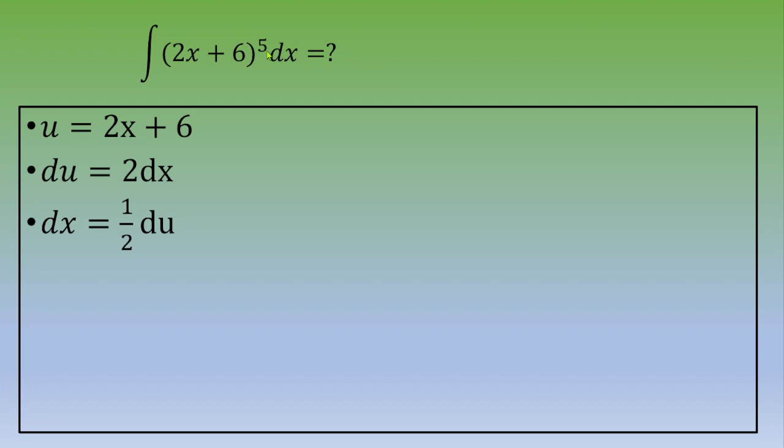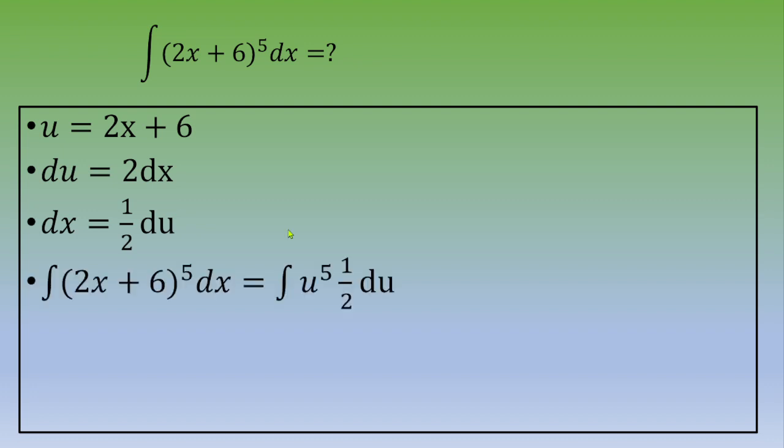Then you plug everything into this integral and you transform an integral as a function of x into an integral as a function of u. And you get the integral of u power 5 times 1/2 du.